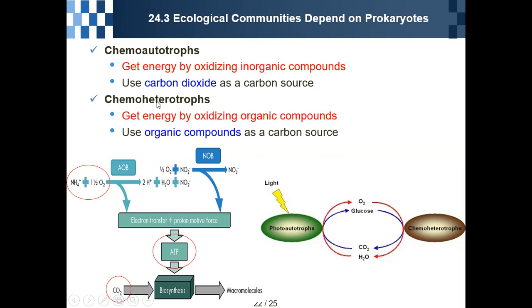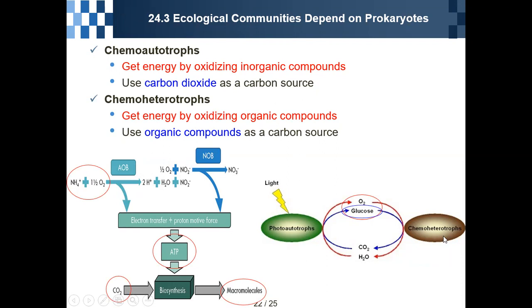However, chemoheterotrophs get energy by oxidizing organic compounds, and they also use organic compounds, in this case glucose, as a carbon source.